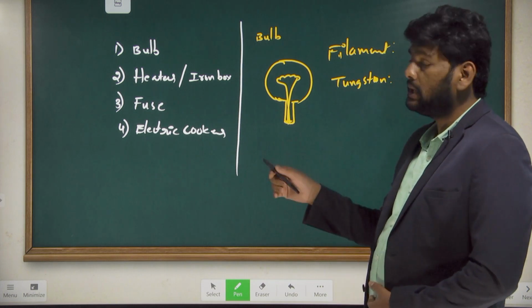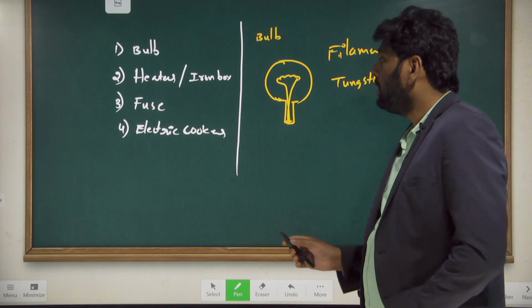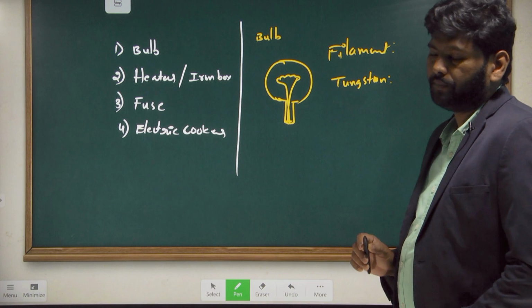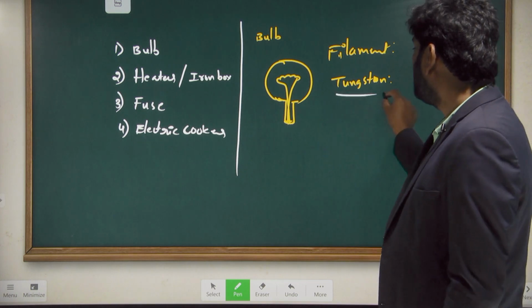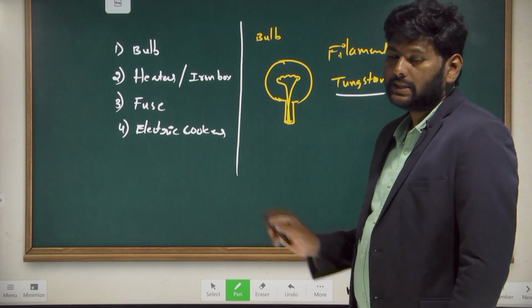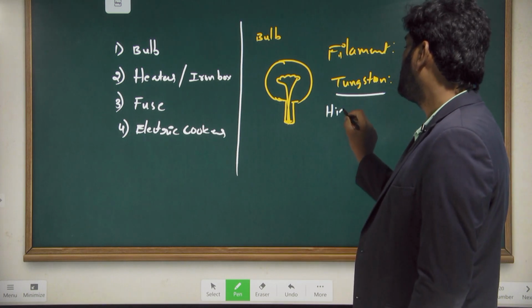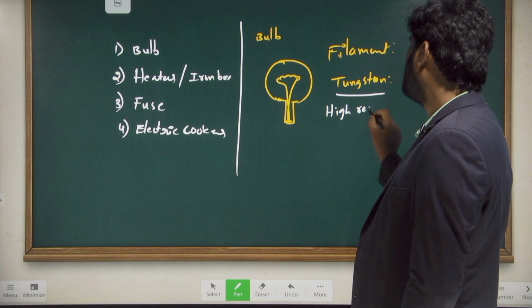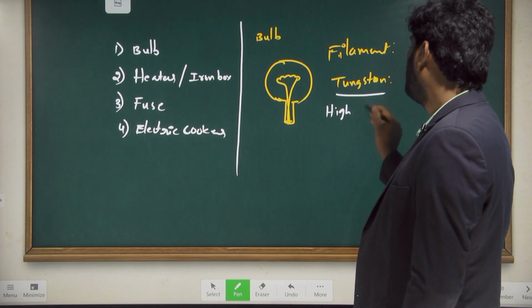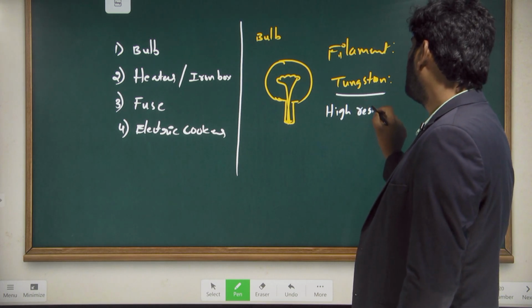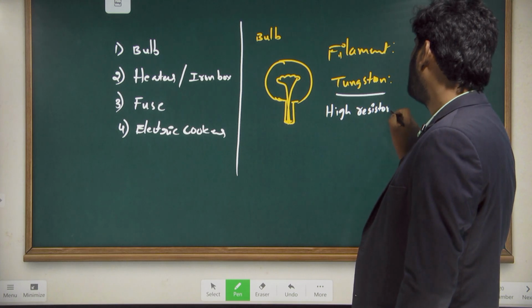Understand? So based on that, it is working. Here, the tungsten acts as a filament. This tungsten has a high resistance.